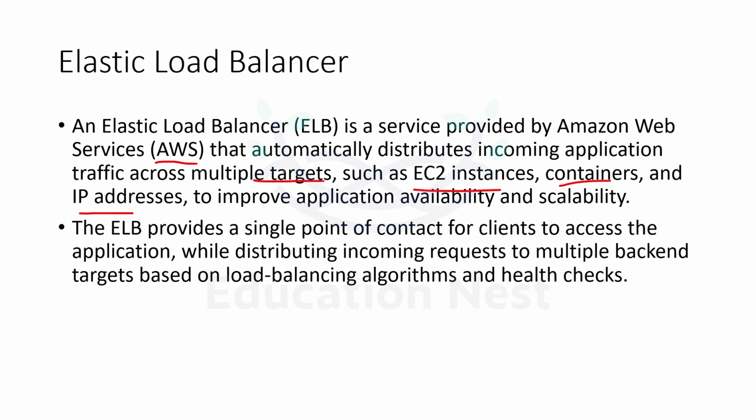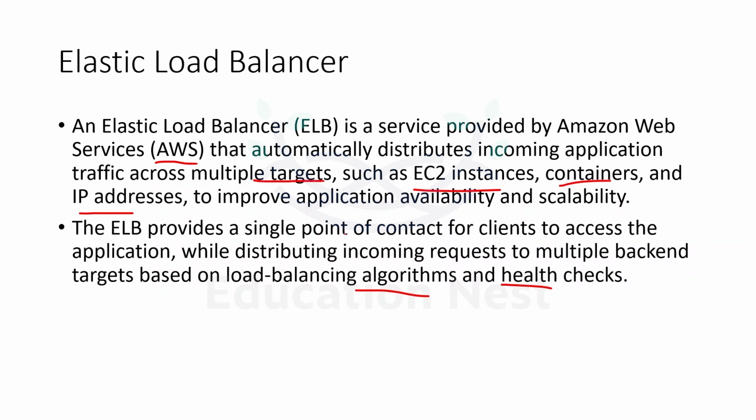It provides fault tolerance, high availability, and scalability for our application by automatically distributing the incoming requests to multiple targets on the basis of load balancing algorithms and health checks. It does health checks as well, so it will distribute the traffic across healthy targets, detecting and rerouting the traffic away from the unhealthy targets.